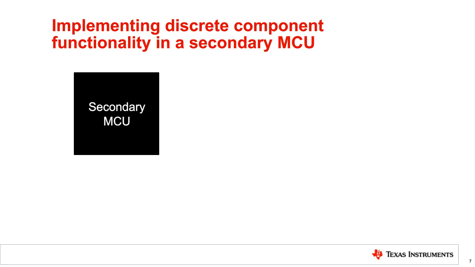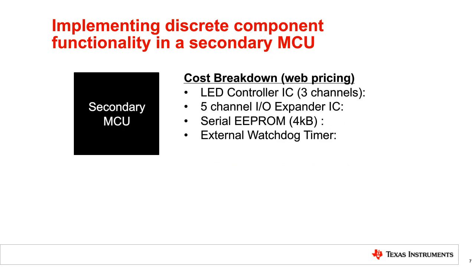And so what I actually did was I went on the internet and I looked at the web pricing for the discrete versions of all of these devices, to help us better understand what it would take to implement this in a discrete manner like we showed at the very beginning.